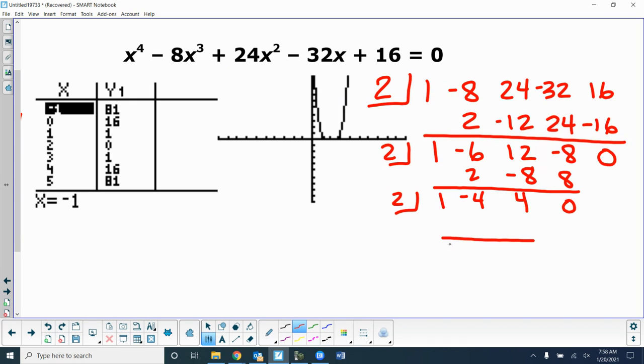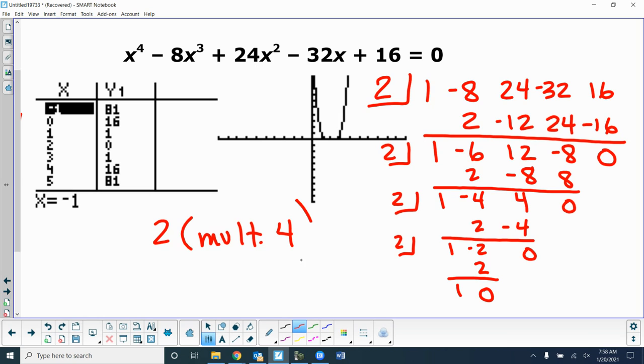Don't have to put the line under the 0. 2 times 1 is 2, so that's a -2. 2 times that is -4. So it does work a third time, so it probably works a fourth time as well, and it does. So there's only one 0, all right? The 0 is 2, and it's got a multiplicity of 4.